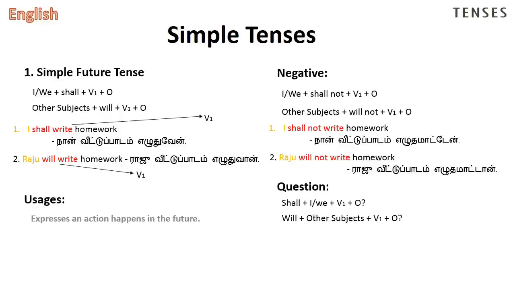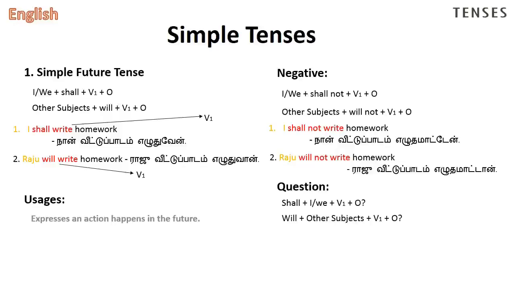Yes, I know you have understood it very well. Okay, now what are the things that we have to remember with simple future tense. First of all, we should remember the formula of simple future tense. Okay, so there are two formulas here, and then we should remember the negative form of simple future tense.